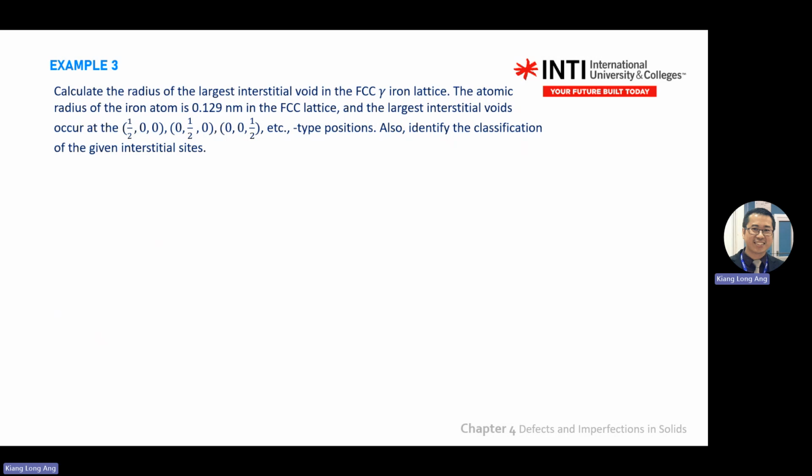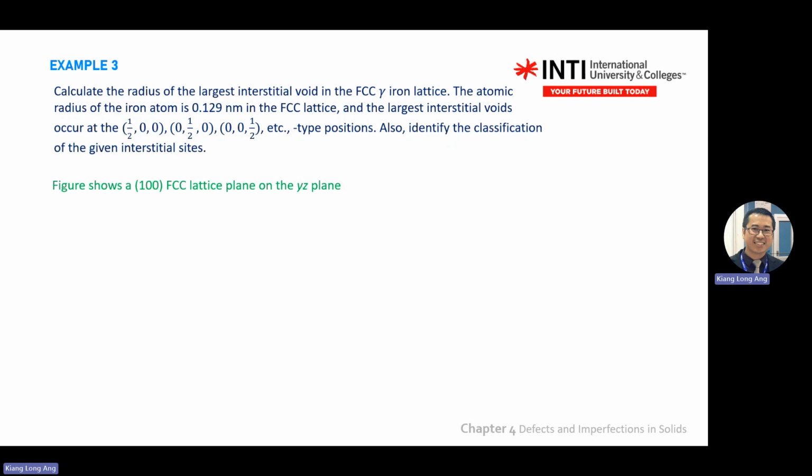The largest interstitial void occurs at the half, 0, 0, 0, half, 0, 0, 0, half type of position, so it's a half family. Also identify the classification of the given interstitial site.